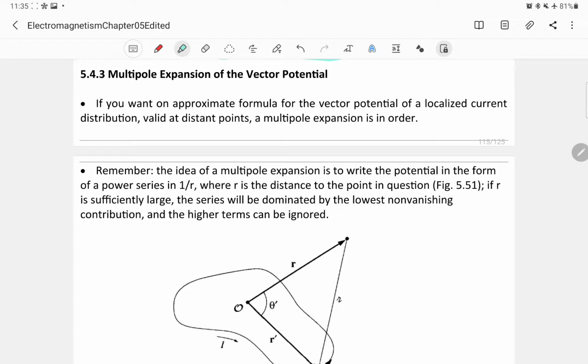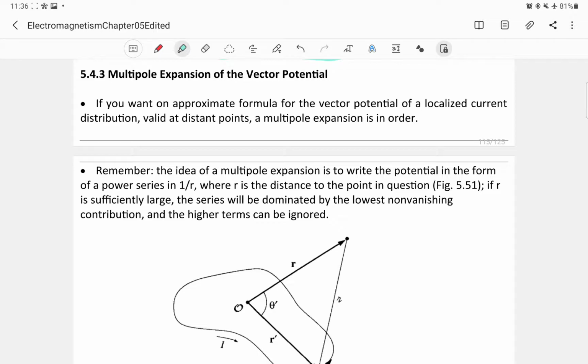So if you want to approximate the vector potential at a localized current distribution valid at distant points, so if you go far away from a surface current or a current distribution, you will have to do multipole expansion, just like what we did in electrostatics, where you have a dipole, and then when you go far away, you can see a different field for that.